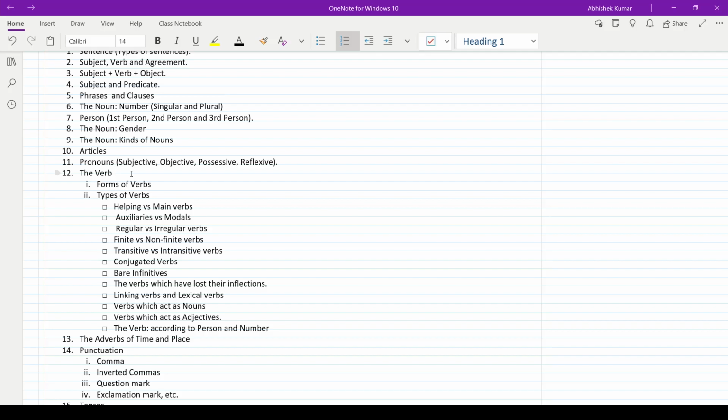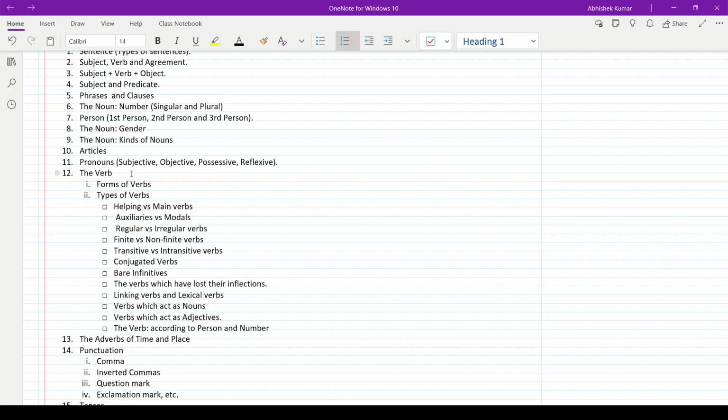There are forms of verbs, then there are types of verbs. In forms of verbs, you have B1, B2, B3, B4, B5, which helps you to construct sentences, and then it also helps you to write a sentence or speak a sentence according to subject to verb.